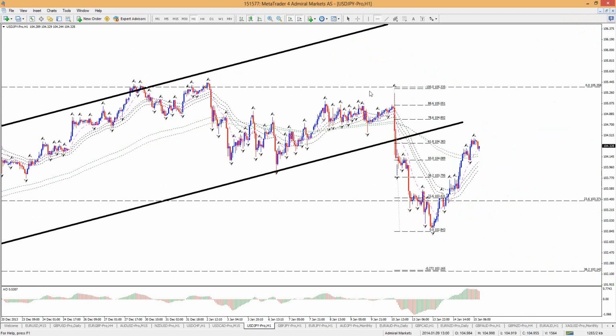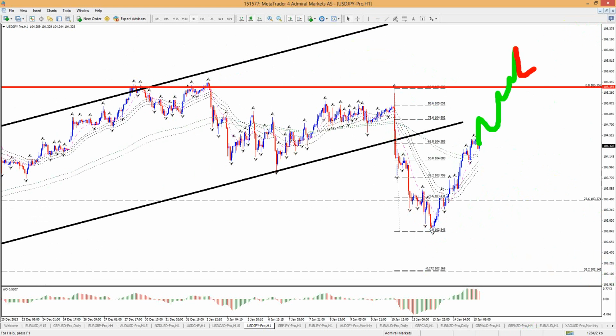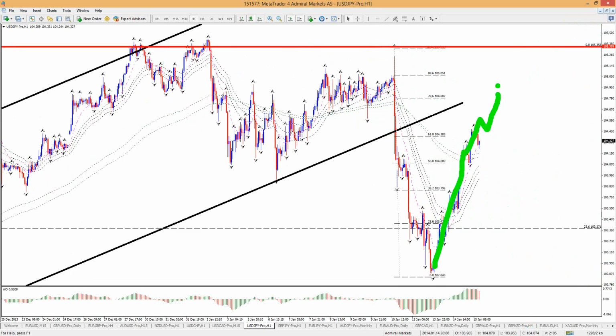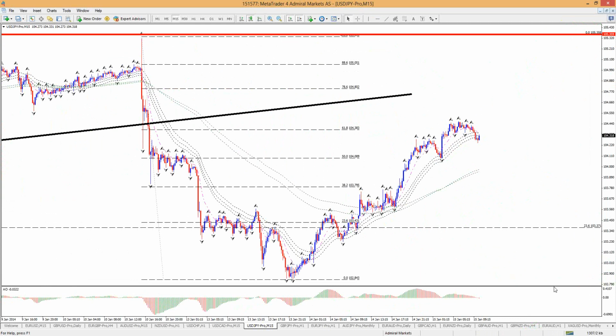Or if we push above this resistance level, keep pushing, and then we make some kind of bull flag correction here, then I also gladly take it upon the break. So that's what I'm looking for before going long on the dollar yen. Do I want to go short? No, because this momentum can still push and push and push, and I'm not really interested in anticipating a potential retracement to the 38.2.